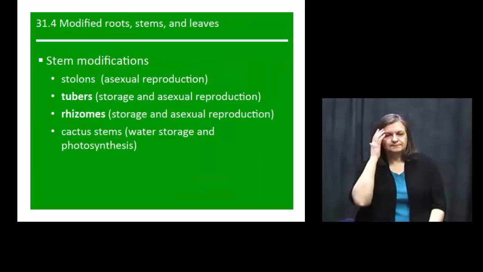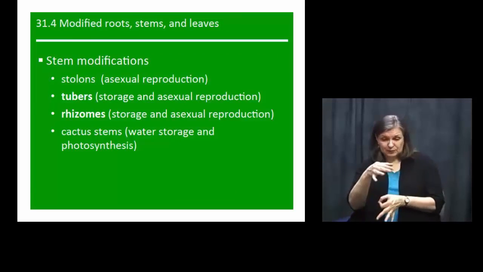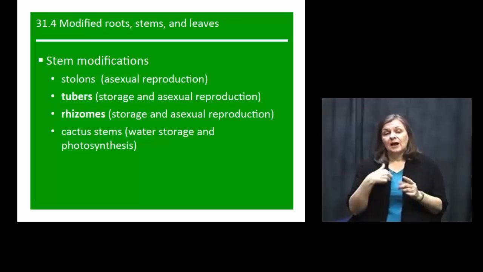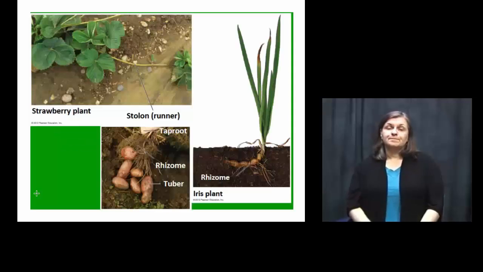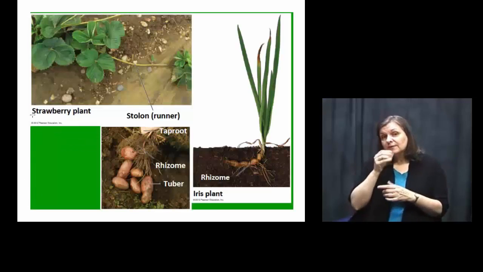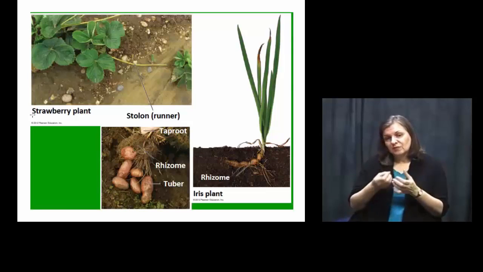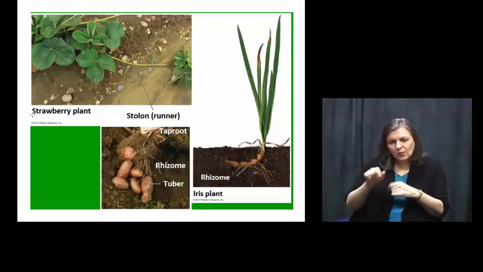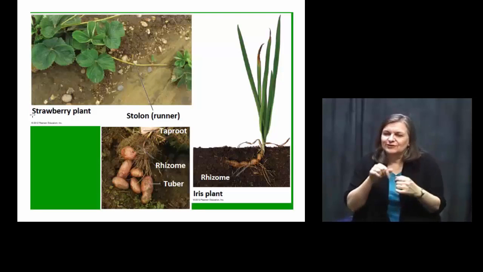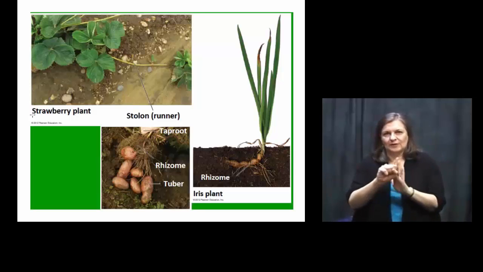If we look at the stems themselves, we can look at a couple of different options for modifications. I've listed a couple here for your review, but I want to show you the actual modifications. If you've ever picked strawberries, you know that strawberries are first very low to the ground and potentially hurt your back when you're picking them, right? But they are oh so tasty in June in New York.